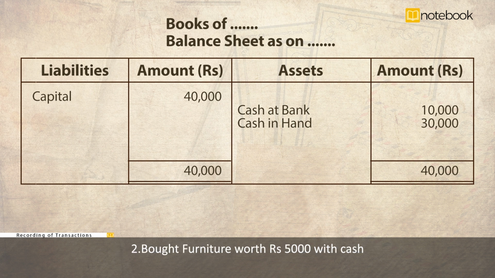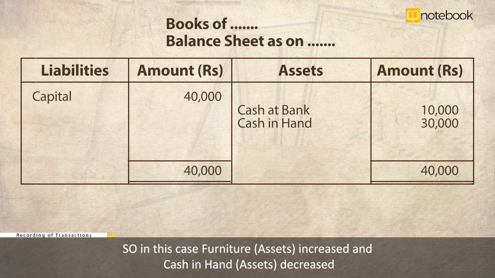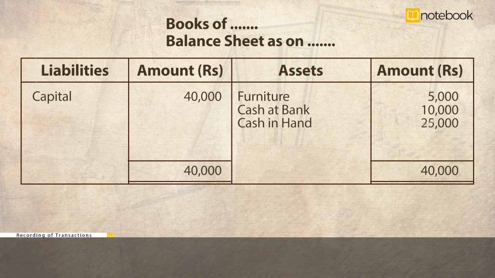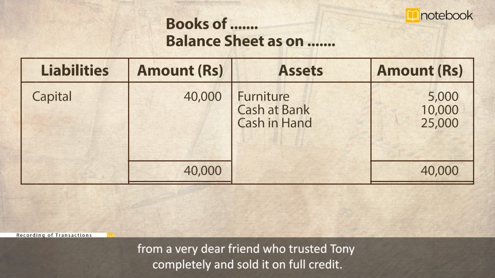Number 2. Bought furniture worth rupees 5,000 with cash. So, in this case, furniture increased and cash in hand decreased. Number 3. Bought the shop worth rupees 25,000 from a very dear friend who trusted Tony completely and sold it on full credit.